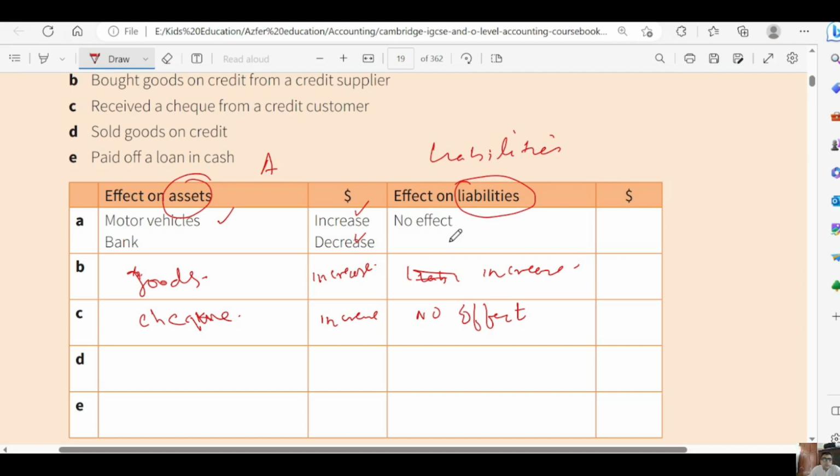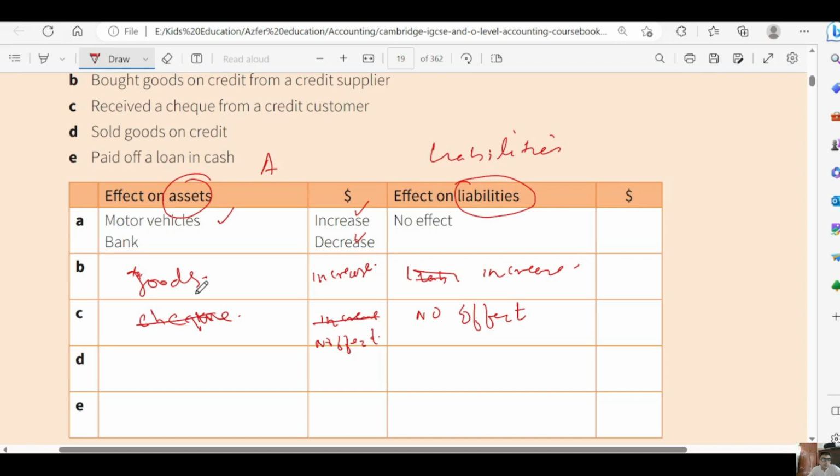Asset, no effect on asset. This C, no effect on asset, because the check is already registered in the asset. Just the nature of the asset has changed. Initially it was registered as a receivable, and now it will be registered as a bank account amount.